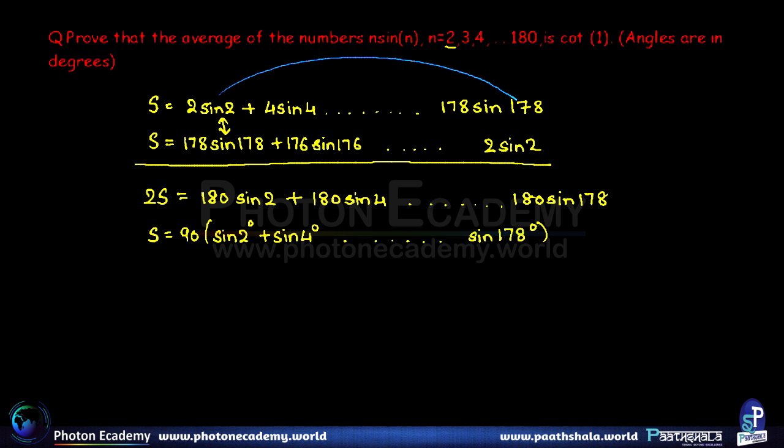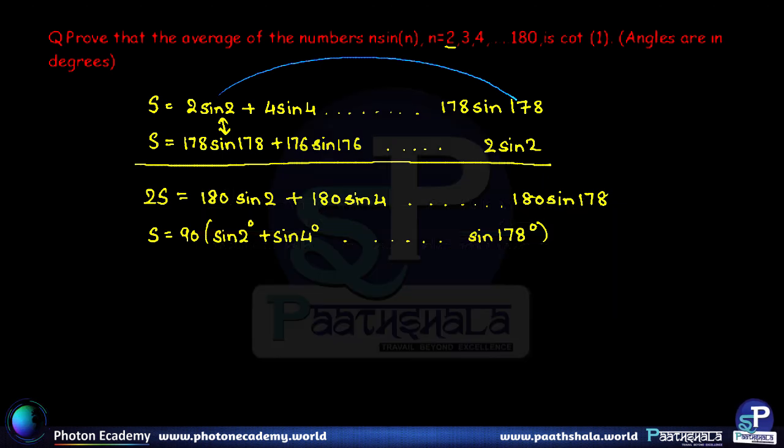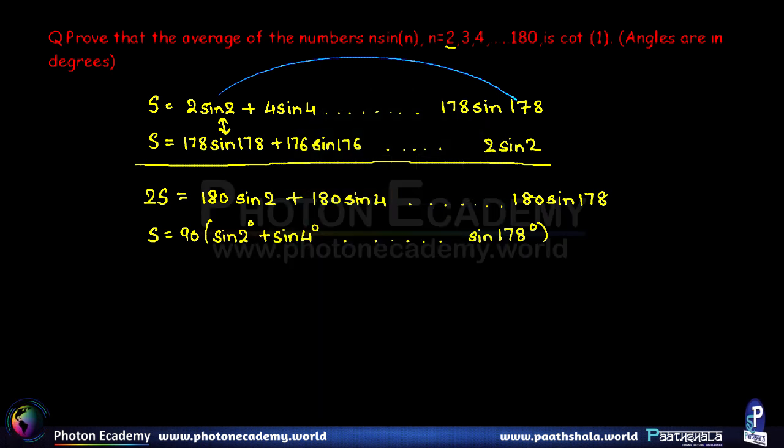So this is a series, and this is a series of the form sine alpha plus sine alpha plus beta plus sine alpha plus 2 beta, and it goes on till sine alpha plus n minus 1 beta. So we know that the value of this series is, let's just write it.